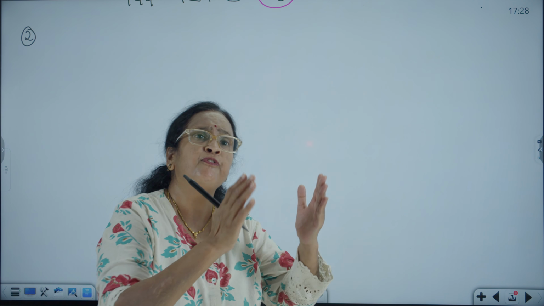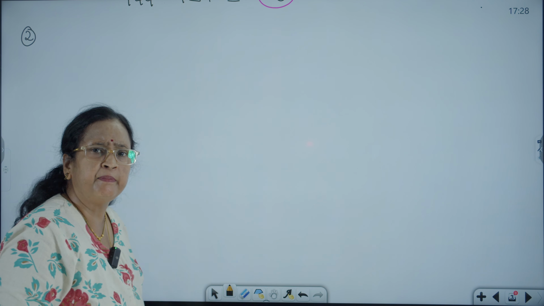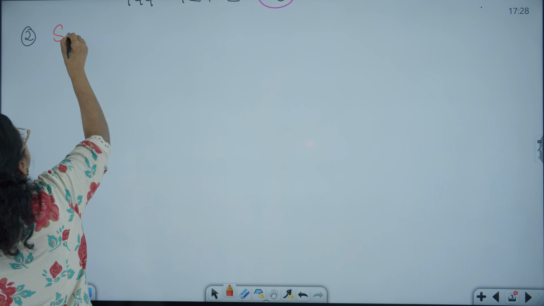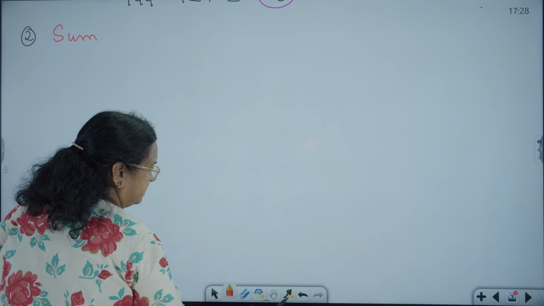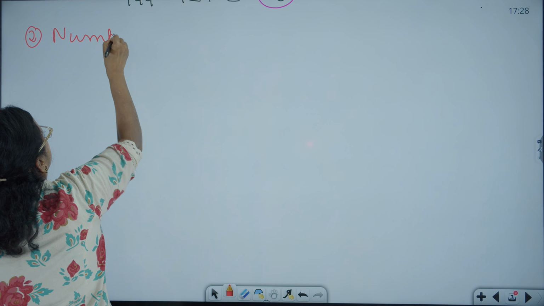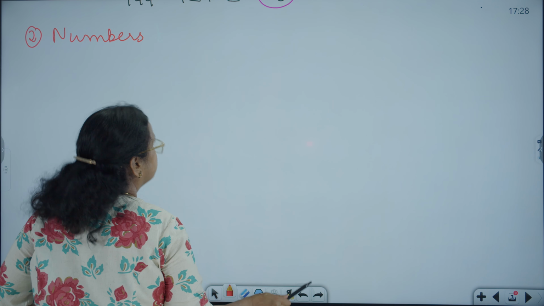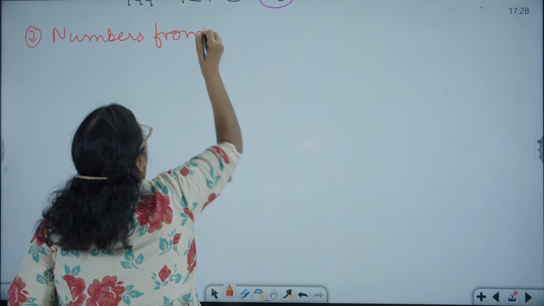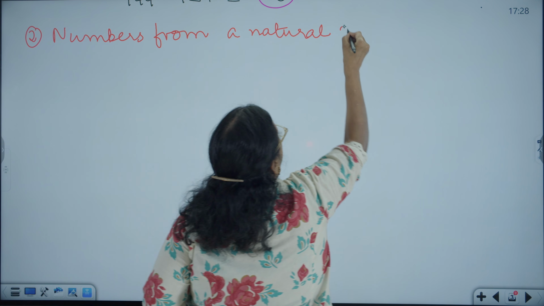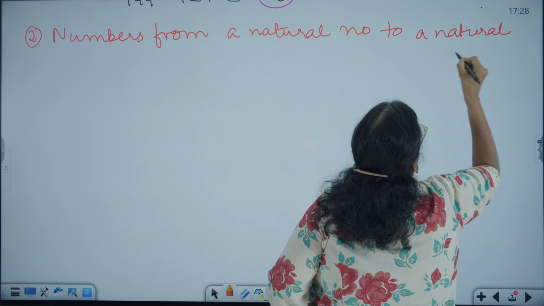That means what? Suppose from 6 to 12 or from 3 to 6. All right, let us take the same number. Let us see what we get. Now, how do we find the numbers from a natural number to a natural number?